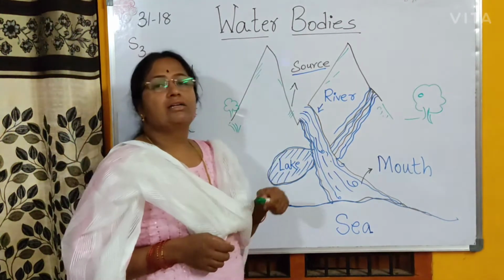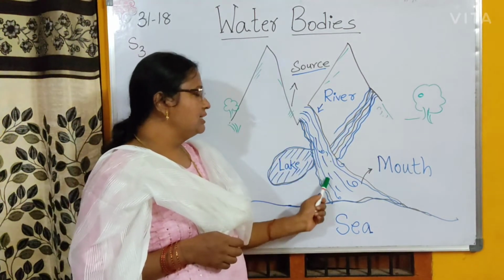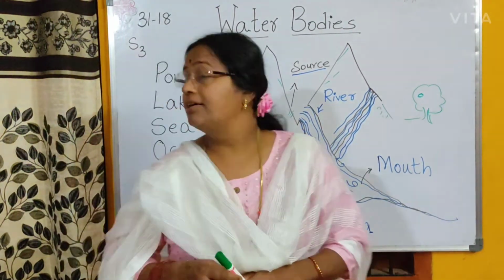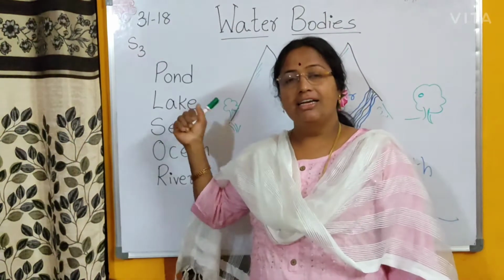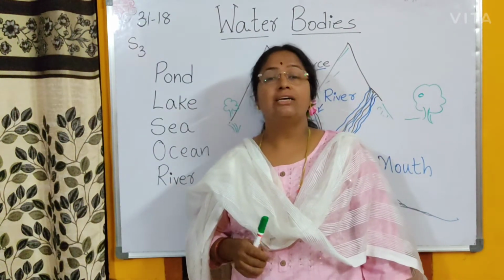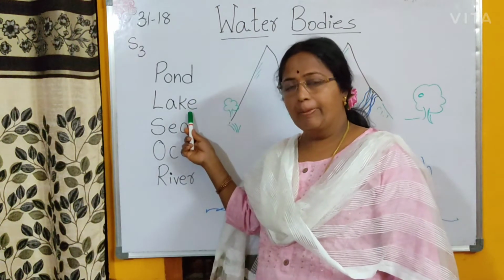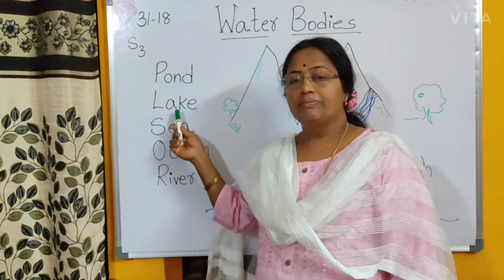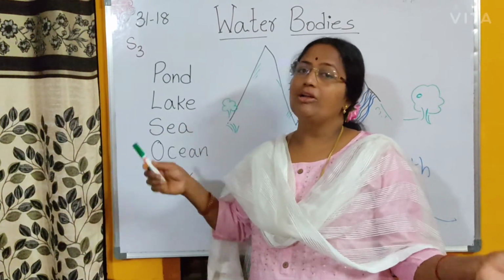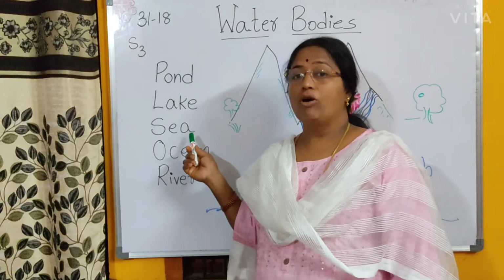So the river flows from the mountain, and a pond is the smallest water body that is surrounded by land on all sides. Lake is bigger than the pond, with either salt water or fresh water. Sea is a very big water body.